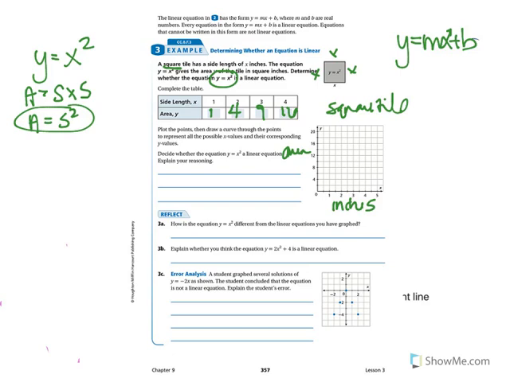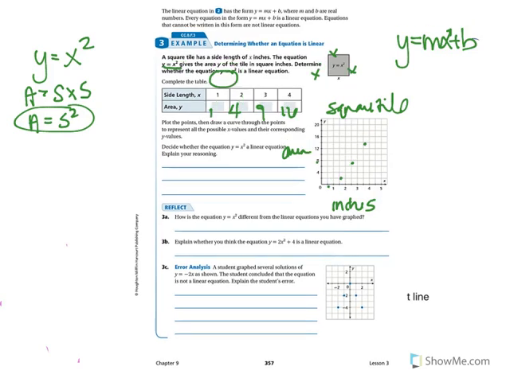So 1, and then 1 would be a little below that. Then we have 2, 4, then 3, 9. So 9 would be somewhere around here. And then 4, 16. Oh no, I just moved that all. Sorry, but that's what your graph would look like in this case.